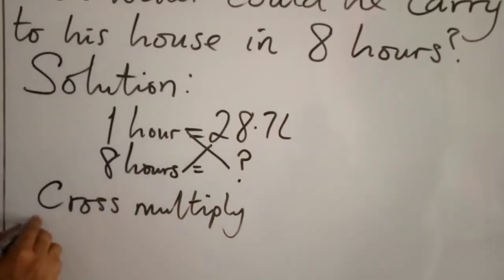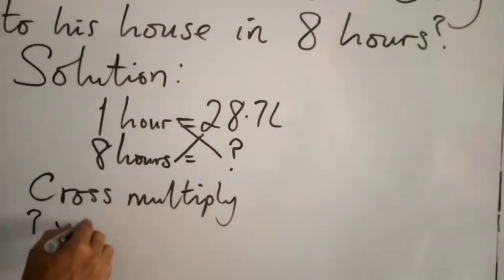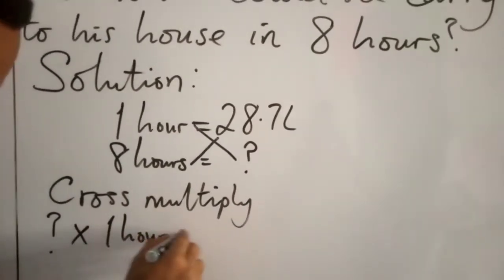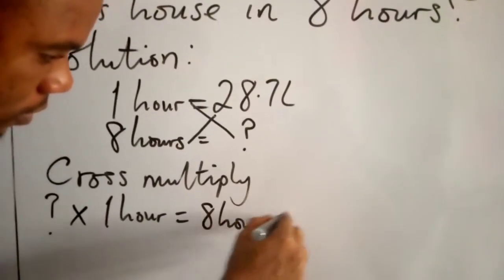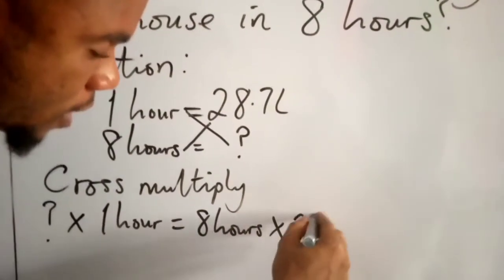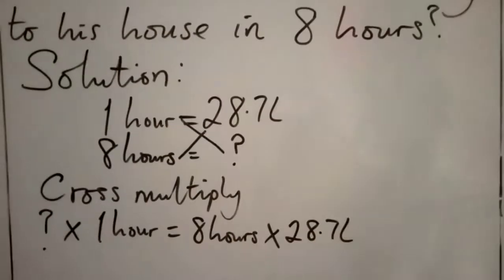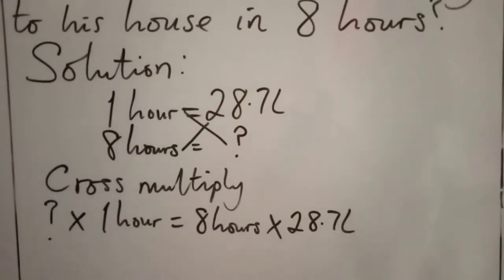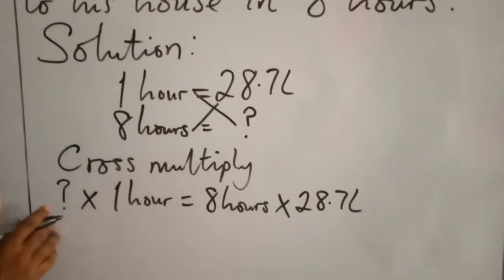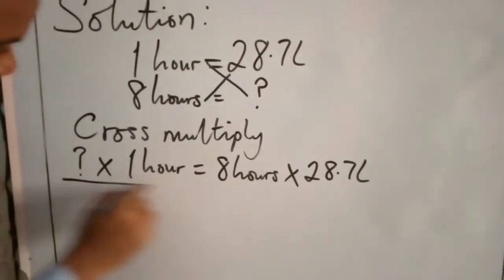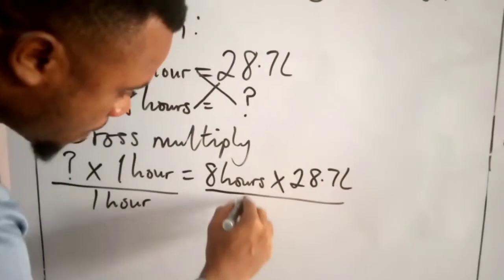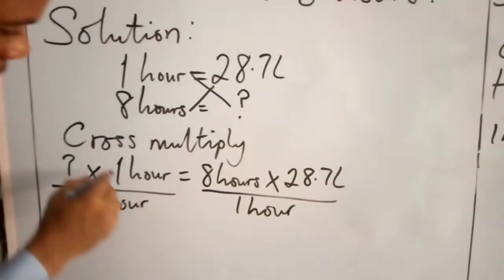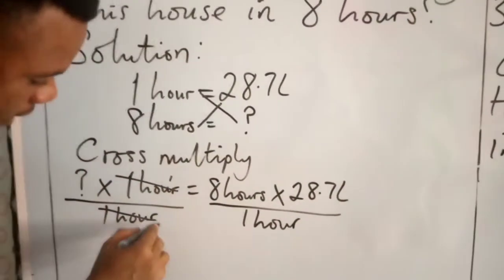So let's say unknown times 1 hour is equal to 8 hours times 28.7 liters. Remember what we said. We need to separate the unknown from 1 hour by dividing both sides by what is multiplying the unknown. So these here are identical.